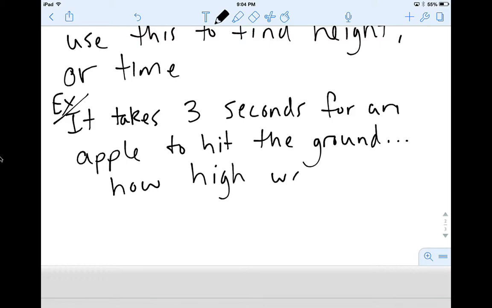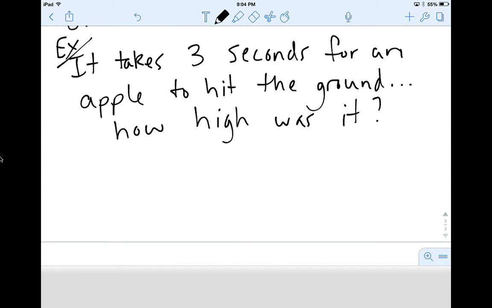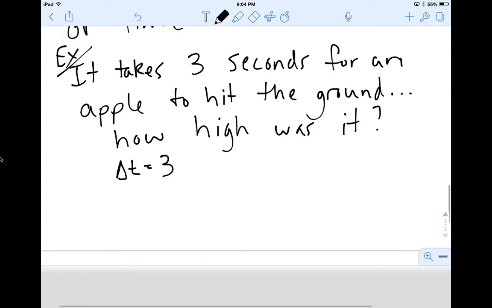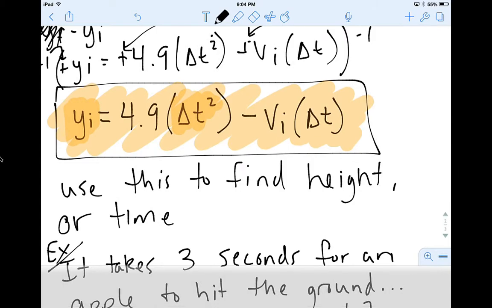How high was it to start with? This one's going to be nice and easy, guys, because 3 seconds is our delta t. So delta t equals 3. And really, that's the only other thing I need to plug into my equation.